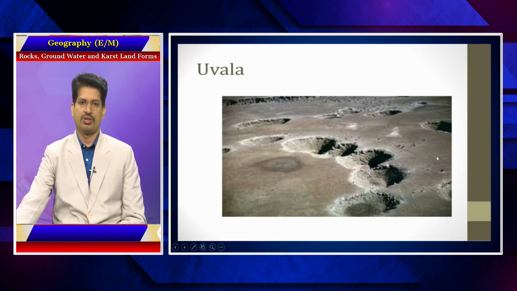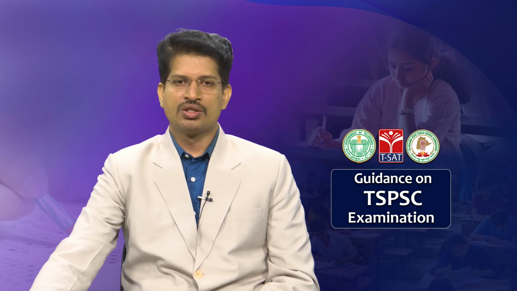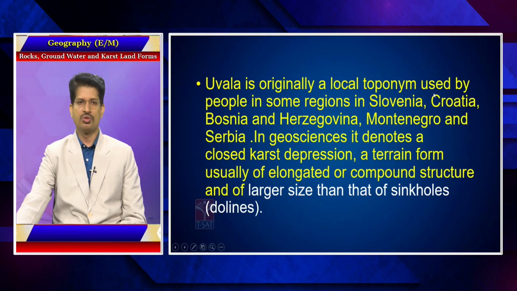These are uvalas, or sinkholes combining to form a larger open valley. So, it leads to the formation of different structures known as karst cones. Uvala is originally a local term used in certain countries like Slovenia, Croatia, etc. This is the vocabulary being used in these countries, a larger size than that of a sinkhole.